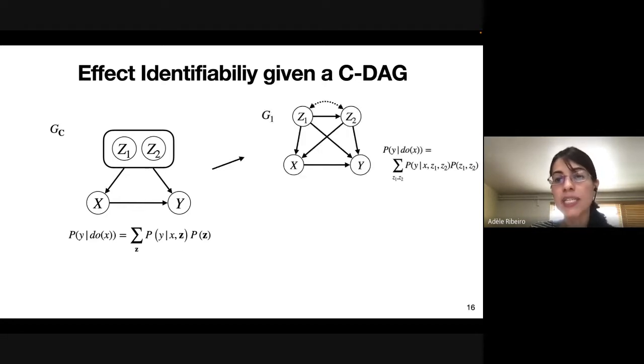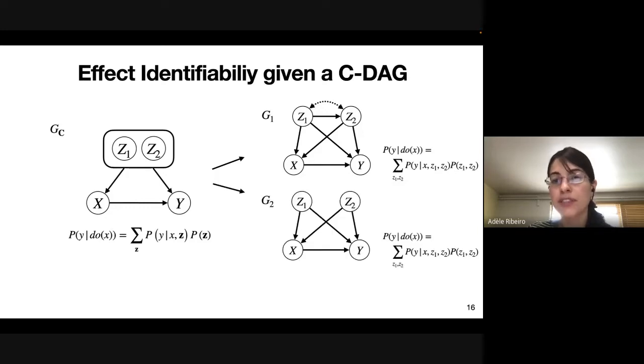And this means that for any relationships happening between these variables in the cluster and also across the clusters, if it's following the same knowledge that's encoded in the cluster causal diagram, then the effect will be identifiable using the same expression. So I'm just opening here the cluster Z as 2 variables Z1 and Z2, but this diagram is compatible with this knowledge encoded in the cluster causal diagram.